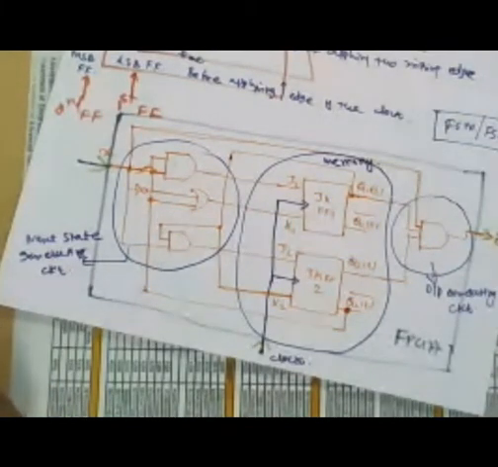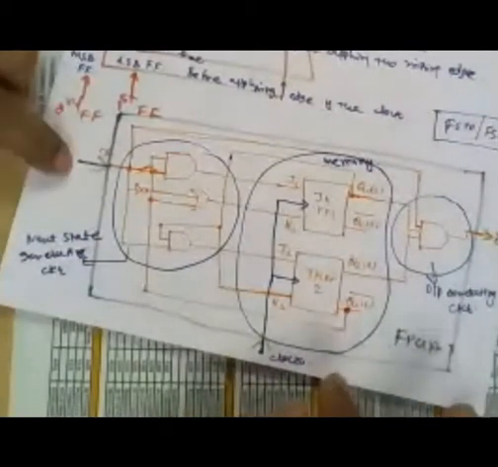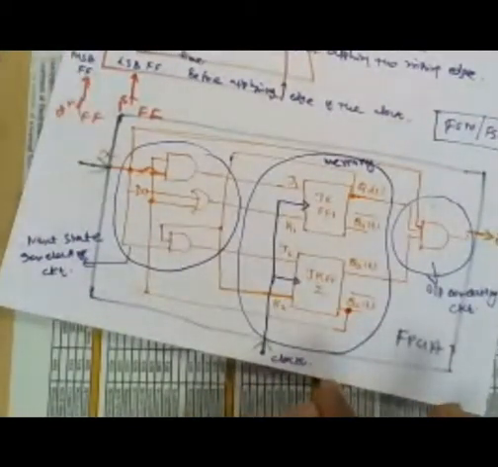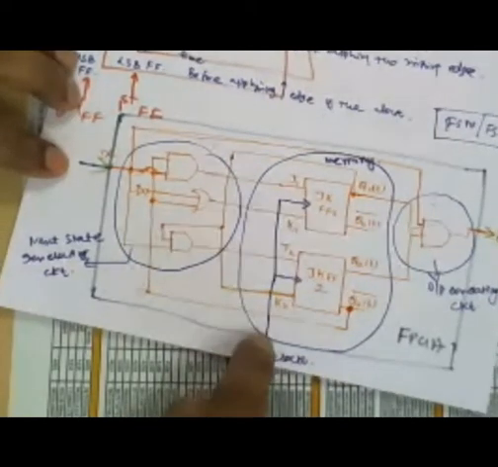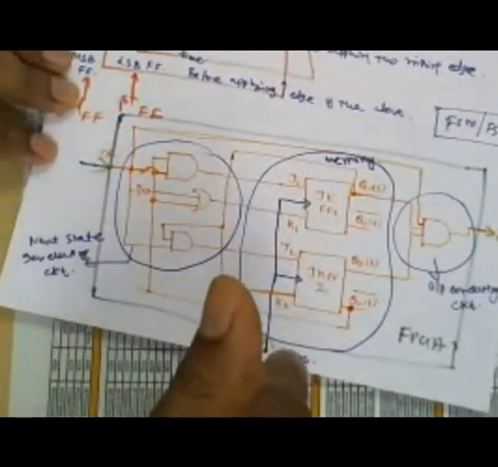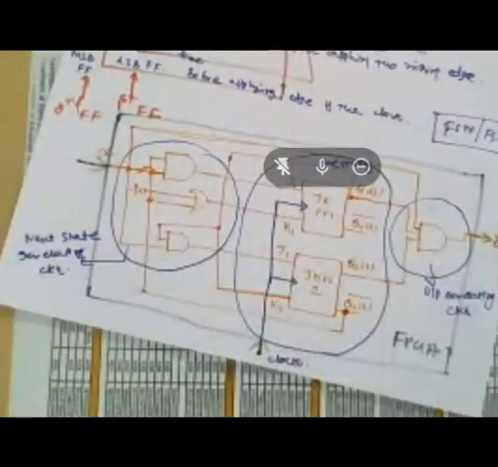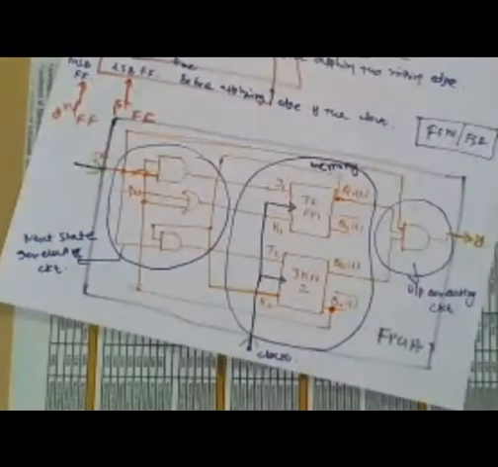You purchase them and mount them on the breadboard. Then you give your input with a push button, and one clock, maybe from a 555 or also a manual push button. Then you connect the output to an LED. So whenever 1101 comes into the circuit, the LED will go high. Otherwise the LED is off.